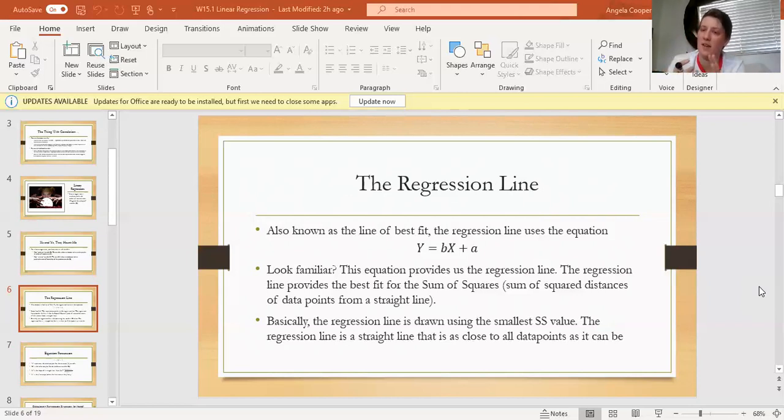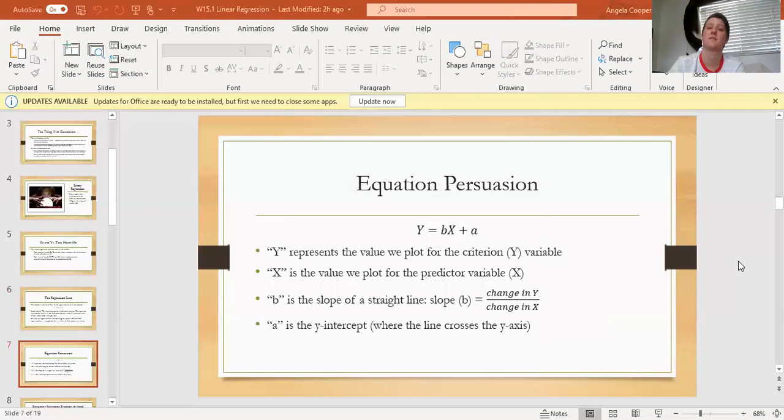So this is giving us a line that is as close to all data points as possible, which I briefly touched on in the correlation video. The regression line is just a line that's drawn in a scatter plot of all plotted points, and this line is as close to all of these as possible. So yeah, it's just using the smallest sum of the squared distances.